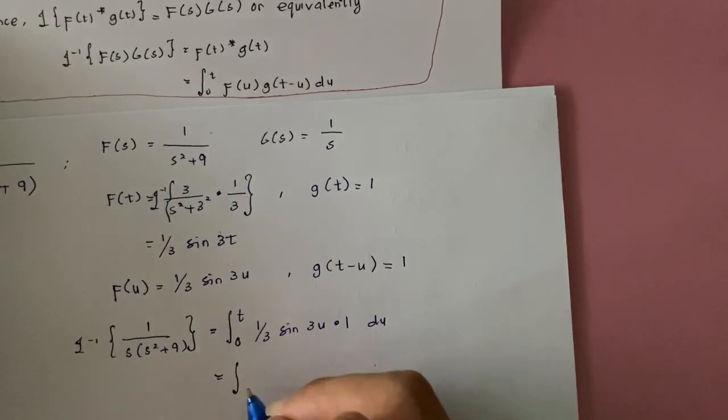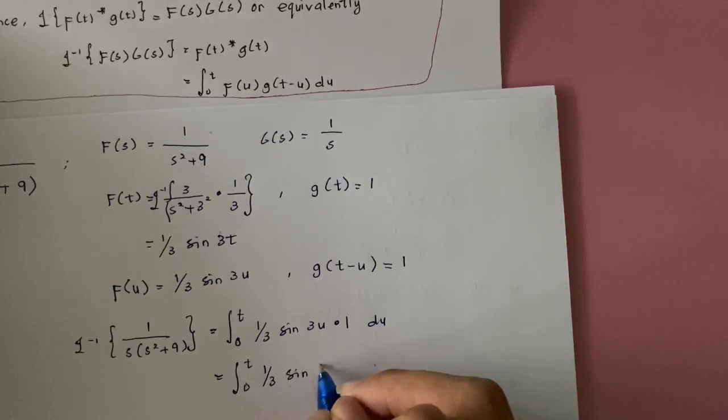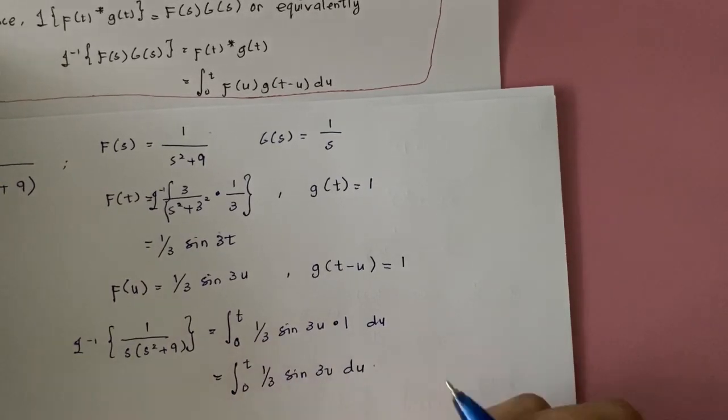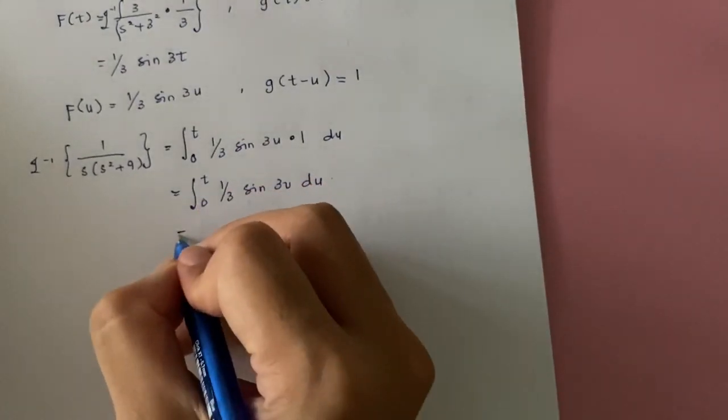So basically this is just the integral from 0 to t of 1 over 3 sine 3u du. Okay, so solve the integration.